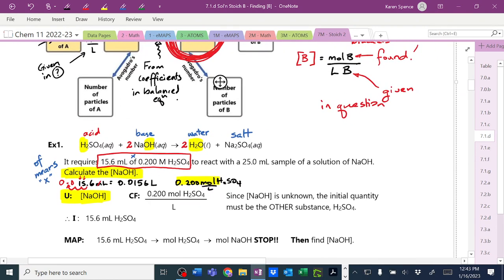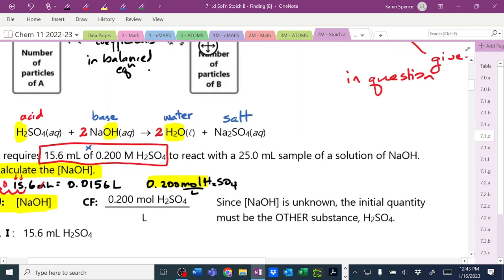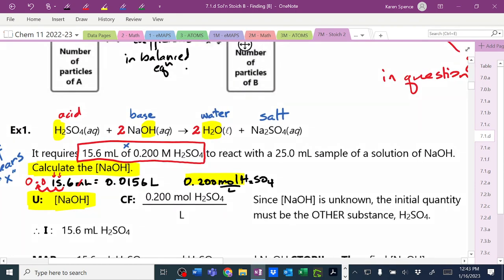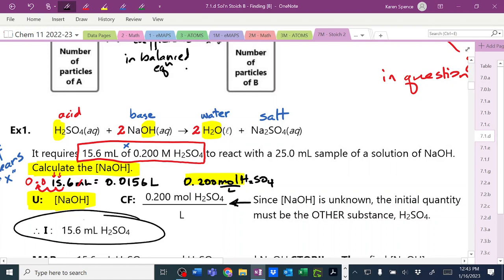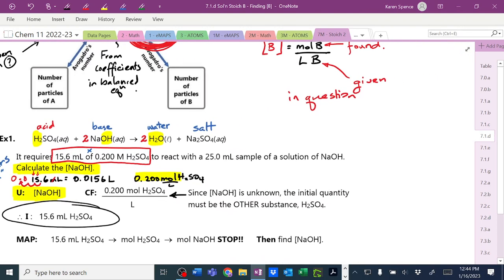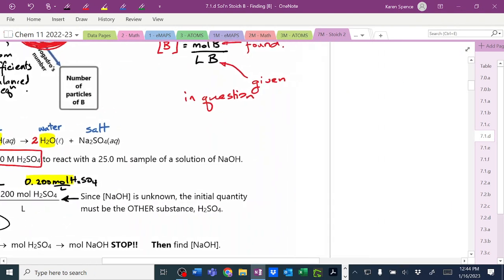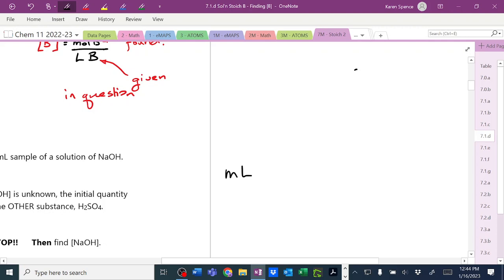So we are going to start with, since it's a conversion factor, then the other thing that has to be the initial quantity is the 15.6 milliliters of H2SO4. That's our initial quantity. So we are going to start with liters of H2SO4.